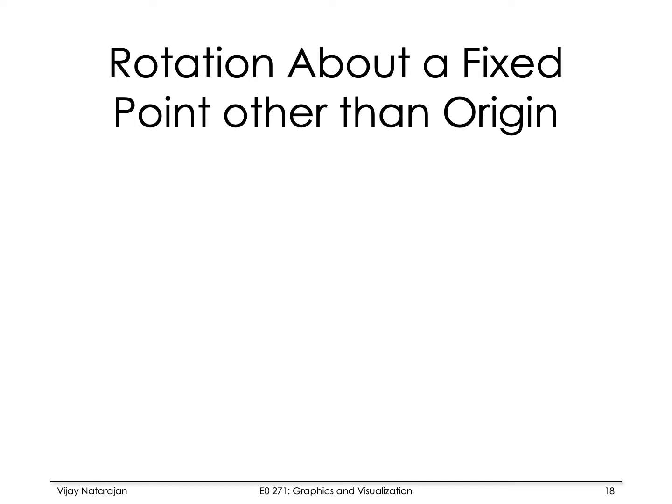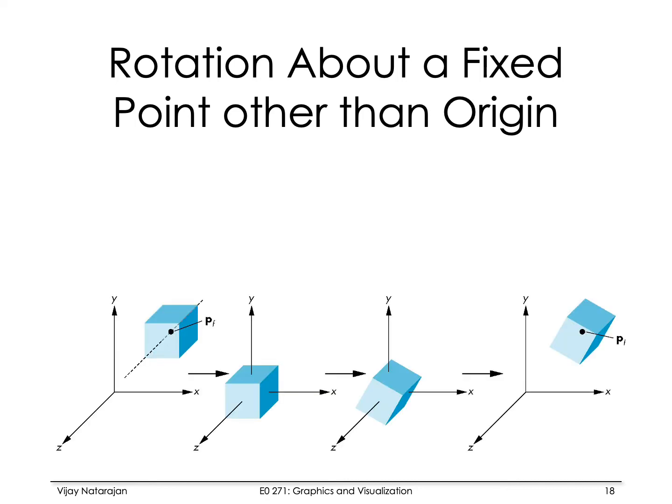What we will do is apply a different approach, which is more intuitive. So let's build this approach one step at a time. First, I want to rotate about a fixed point, which is not the origin. So let's say I want to rotate about a point P, which is shown here.